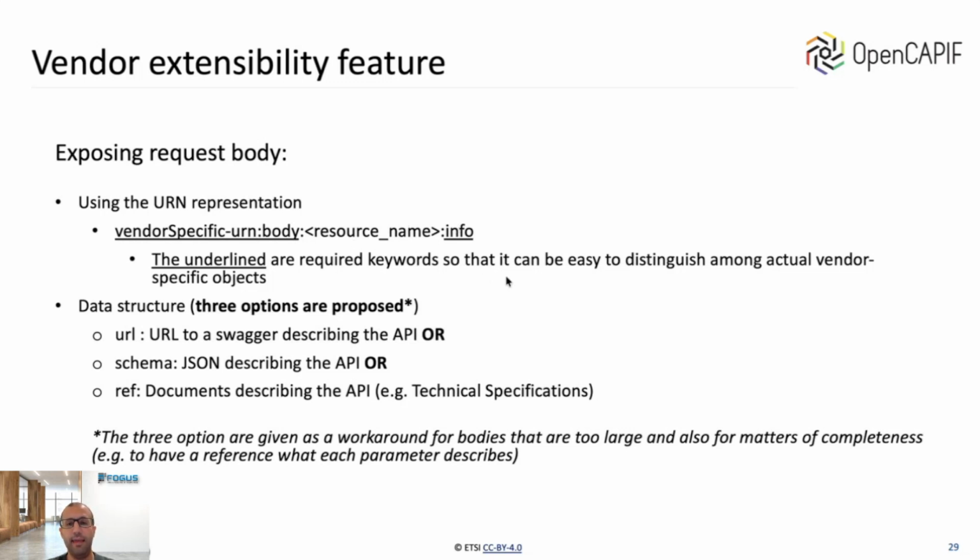And the value of this field would be a JSON format field with three options: either describing the body with a URL link, for example to a Swagger UI server, or by defining a JSON describing the body, or by a reference to a specific document.